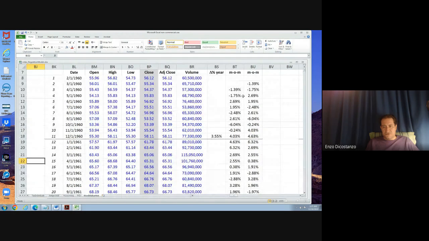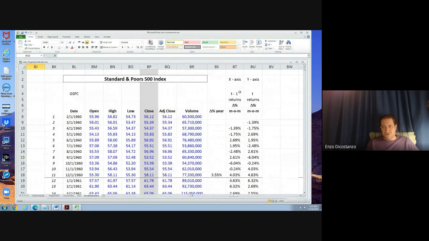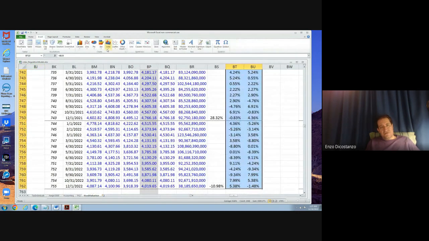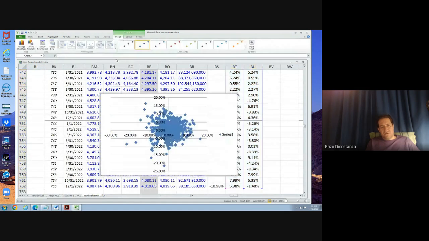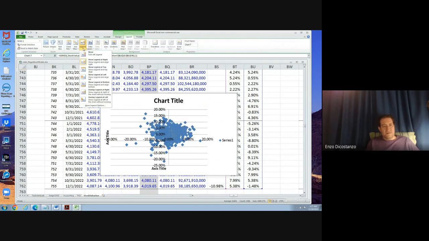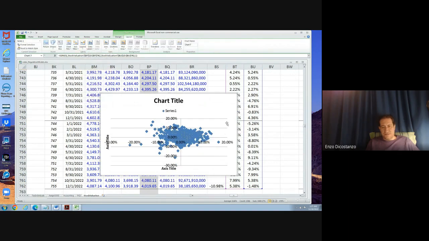So we'll do insert, scatter, like that. Same thing. Yeah, the same scenario. Chart title, legend, top, all the same maneuvers.